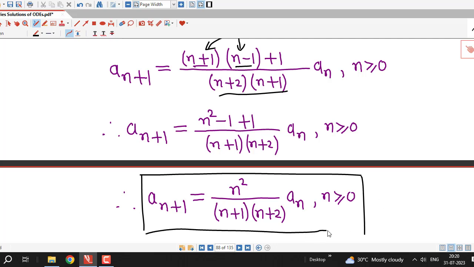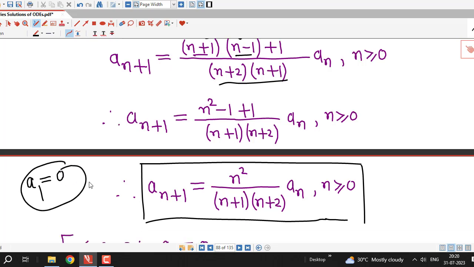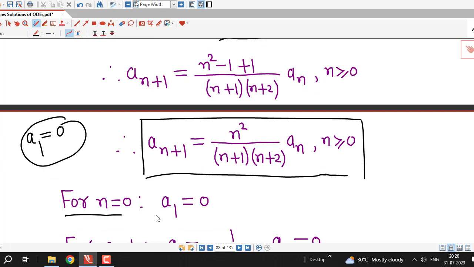Now we can decide a few of the coefficients by taking particular values of n. If I take n equal to 0, I will have a1 equal to 0 square divided by 1 into 2 into a0, and a0 is non-zero, that means a1 equal to 0. For n equal to 0, we have a1 equal to 0.